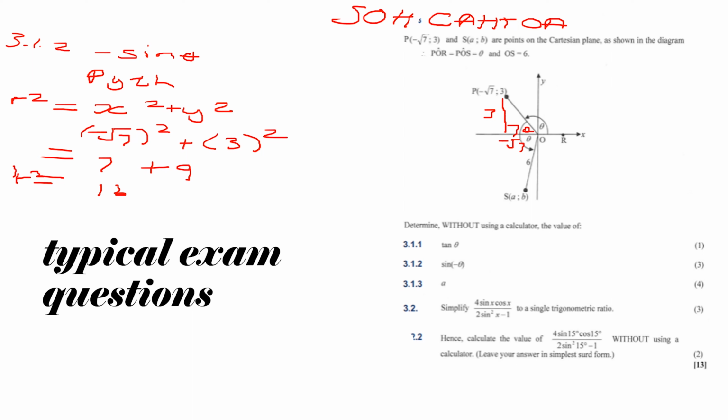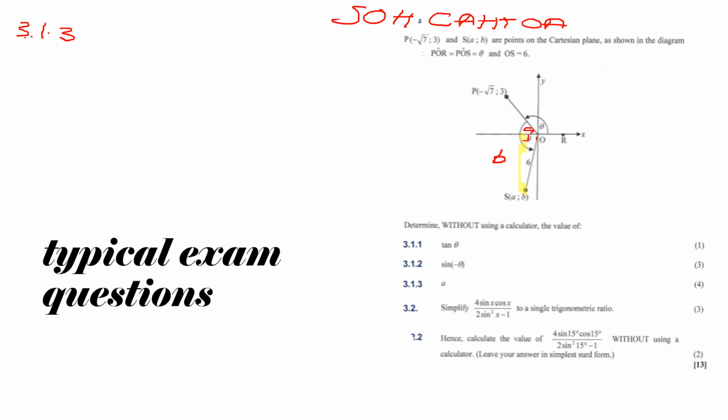To get rid of the squared, we take the square root of both sides, so r is equal to root 16, which is 4. So our hypotenuse is 4. Therefore, negative sine theta is negative, and our opposite side is 3 and our hypotenuse is 4. Therefore, the answer is negative 3 over 4.